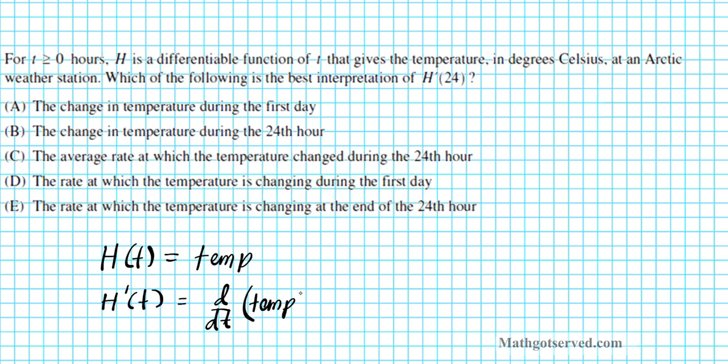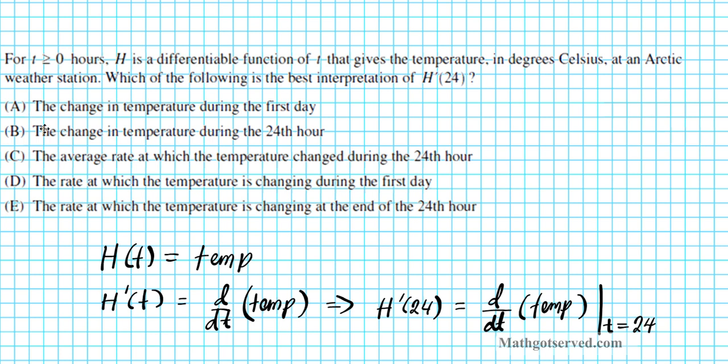So using that idea, h prime of 24 is basically asking you for the rate at which the temperature is changing when t is equal to 24. So evaluate the instantaneous rate of change when t is equal to 24.